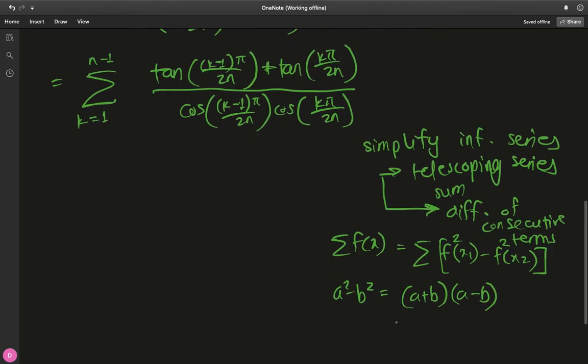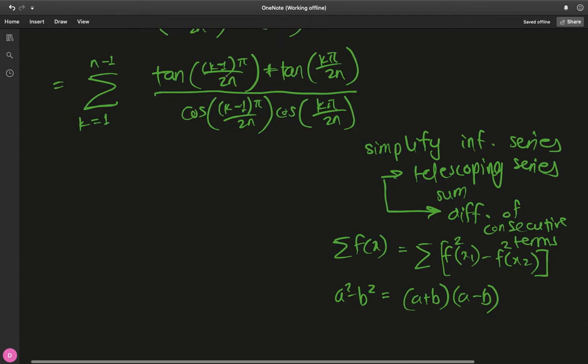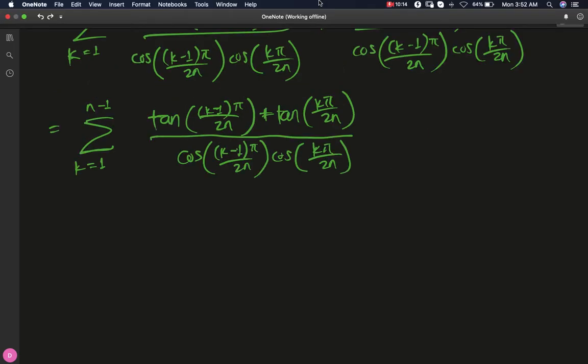So given we already have tan of some angle plus tan of another angle, we need to multiply and divide by a term so that we can express the numerator as tan squared of the first angle minus tan squared of the second angle, which in turn has a great chance of transforming into a telescoping series. And the telescoping series is excellent to simplify stuff. So let's go ahead and do that.